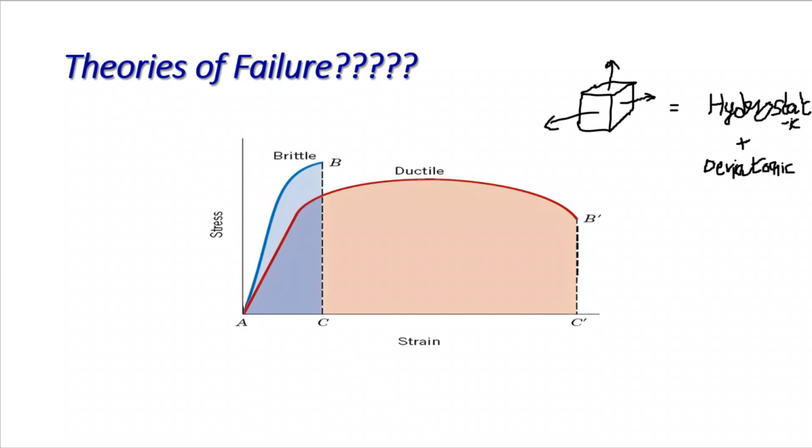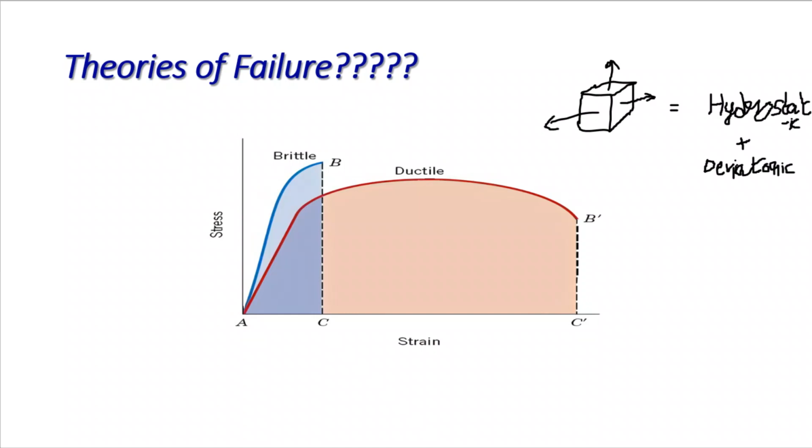When a material is subjected to triaxial loading, if it is of brittle nature, it may fail under hydrostatic stress, but the ductile material need not fail by hydrostatic stress in the triaxial loading. It may fail by deviatoric stress.